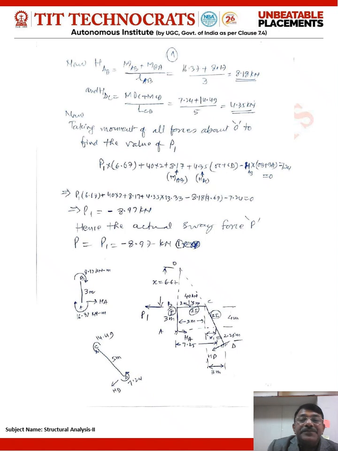Okay, then finding the force P, you have taken the reaction of HA, HD, all forces which are there in the geometry about O, and you will be able to find out the value of the actual sway force P.